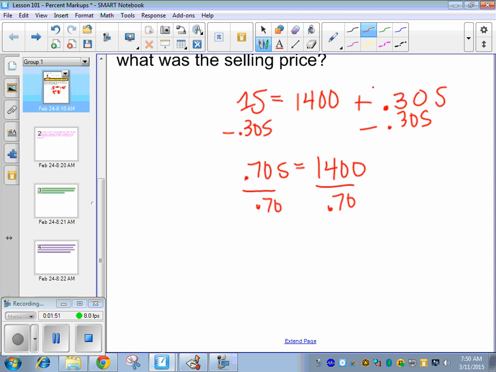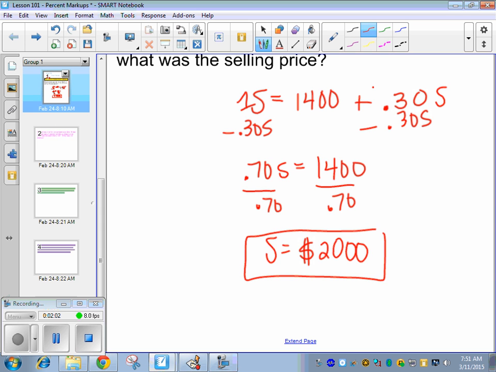And what do you guys get? Anybody got it? Just $2,000? $2,000, okay? Make sure it makes sense. If you bought it for $1,400, it makes sense that you would sell it for more money. So just make sure it always makes sense. You're selling it for more than what you bought it for, all right?